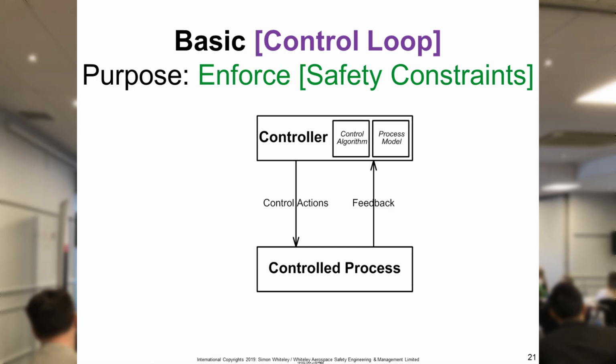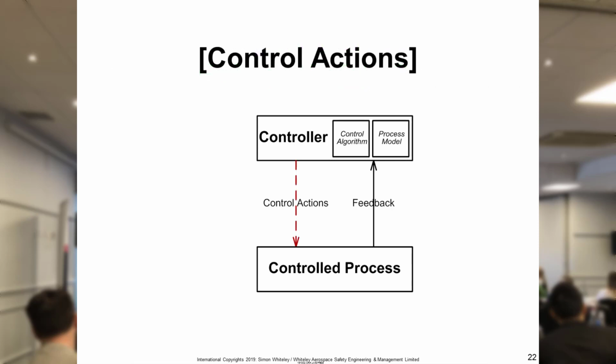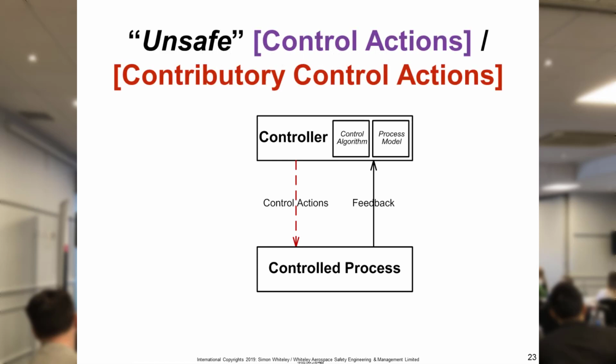So in principle, we have a control process that has a controller controlling it, and that controller influences that process through what's called control actions, and they could take the form of anything dependent upon the specific system you're looking at. Now those control actions, if they can result in an accident, then they are labelled unsafe control actions.